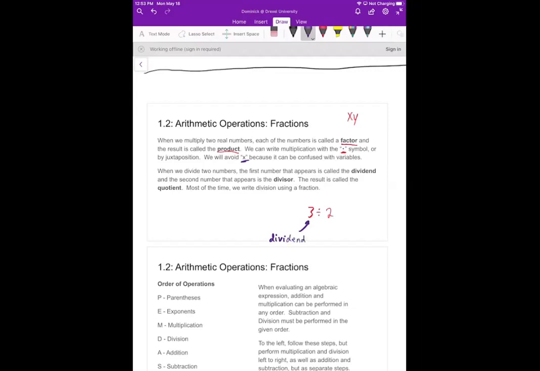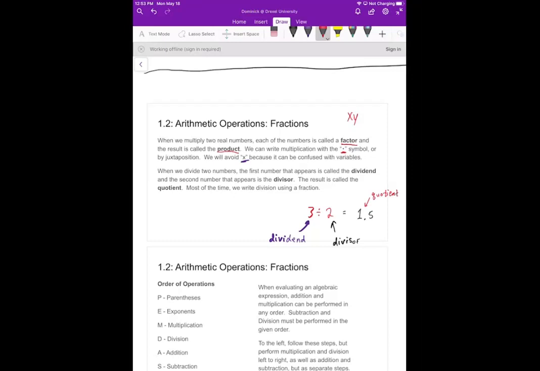And then the second number that you see is the divisor. Right, and then whatever this equals, so of course this is just 1.5, your answer to a division problem is just a quotient.